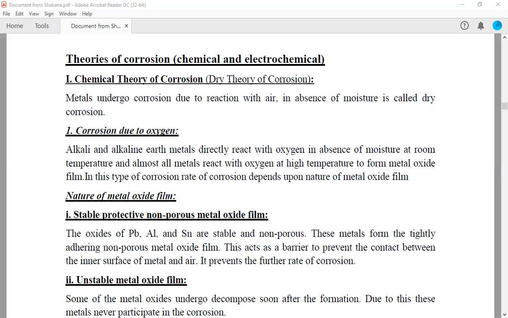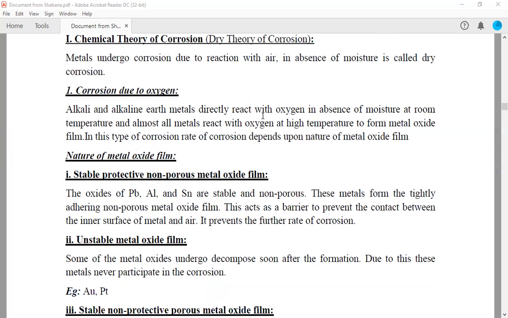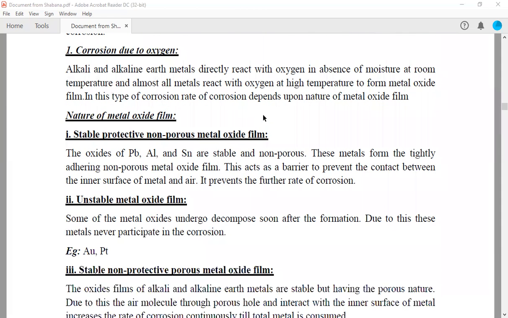This type of corrosion is again classified into three types. They are corrosion due to oxygen, corrosion due to other gases, and liquid metal corrosion. First one is the corrosion due to oxygen.